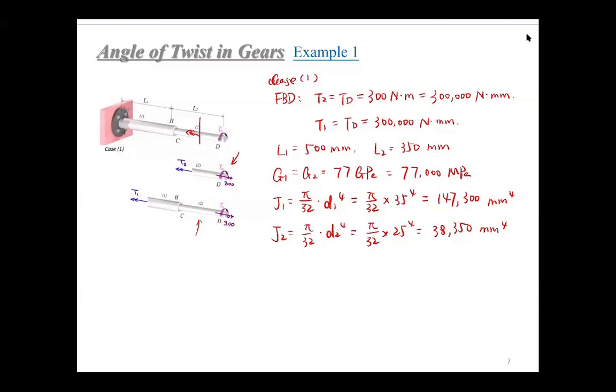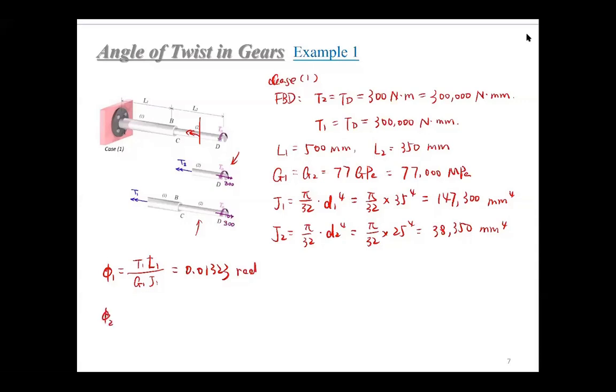Then the angles of twist can be calculated. Phi 1 equals T1 L1 over G1 J1. So get all of these numbers in. I have turned all of them into Newton millimeter and MPa, so you can just use these numbers to calculate the results. This will be 0.01323 radian.